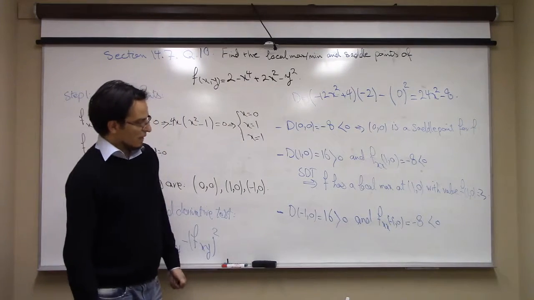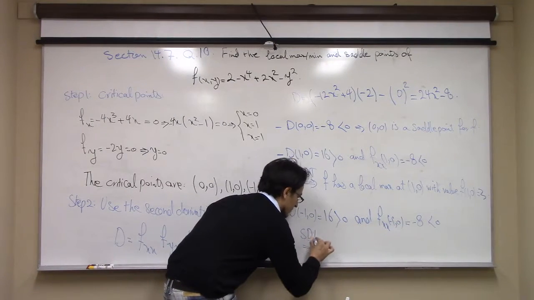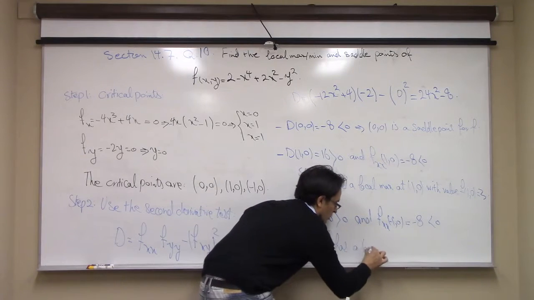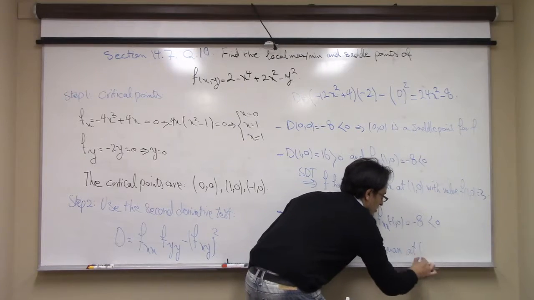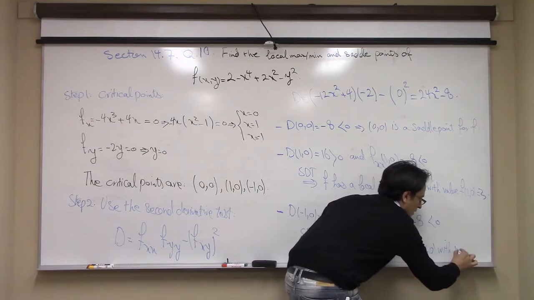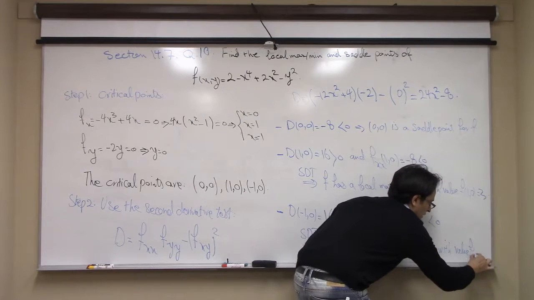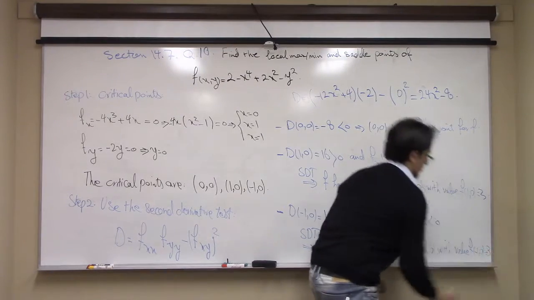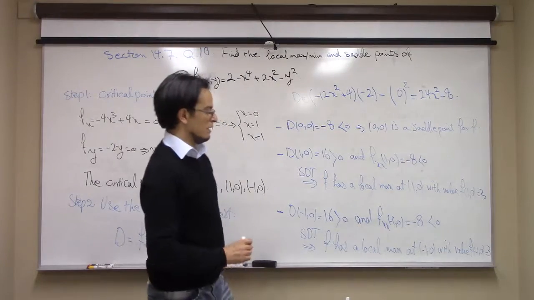So by the second derivative test, f has a local max at this point with value f(negative 1, 0) equal to 3. Plugging (negative 1, 0) into the function, you get 3.